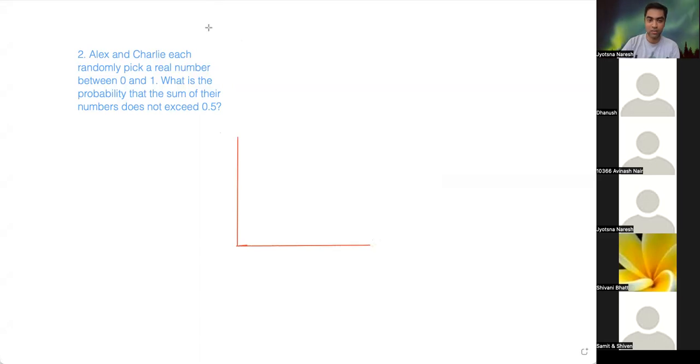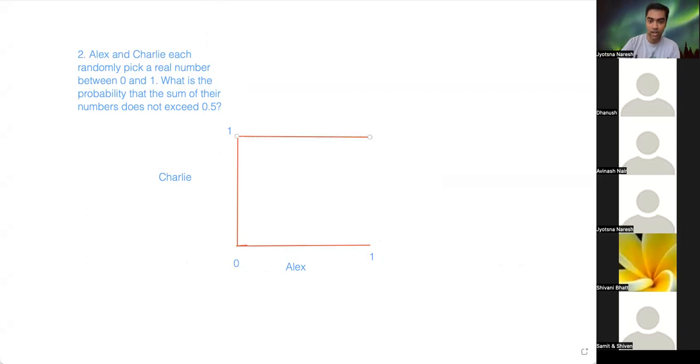Alex's choice, let's say that's going to be on the x-axis here, or the bottom of the square. And Charlie's choice is the y-axis. And each can range from 0 to 1. Okay, so all the possibilities are represented as a point somewhere in this square.